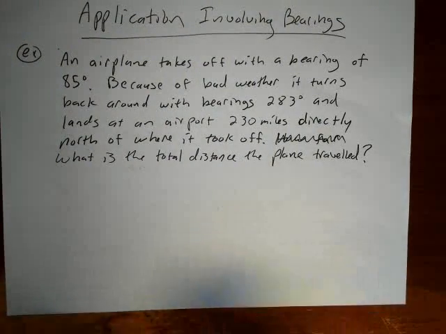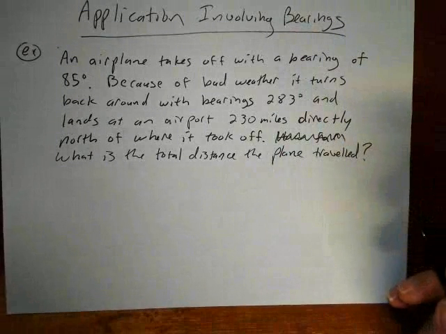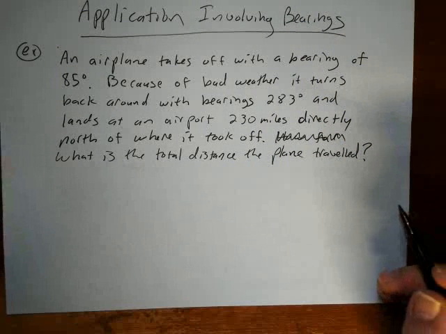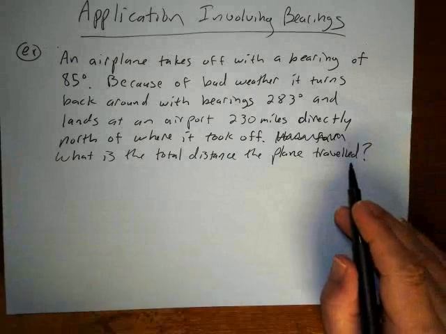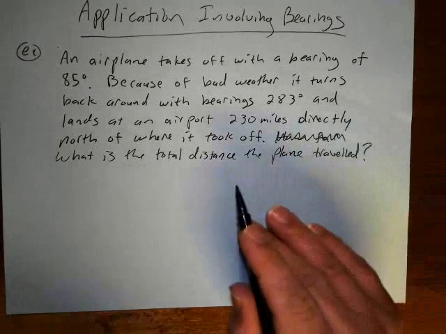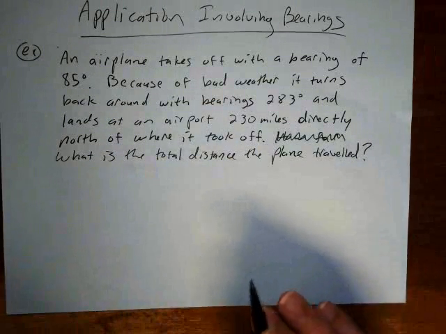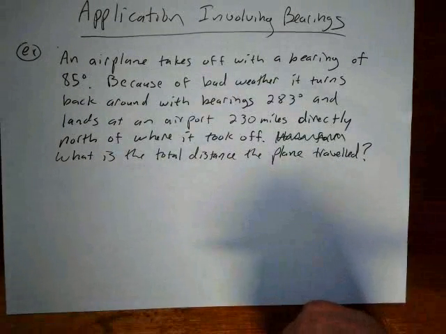So it says an airplane takes off with a bearing of 85 degrees. Because of bad weather, it turns back around with a bearing of 283 degrees and lands at an airport that's 230 miles directly north of where it took off. What is the total distance the plane traveled?